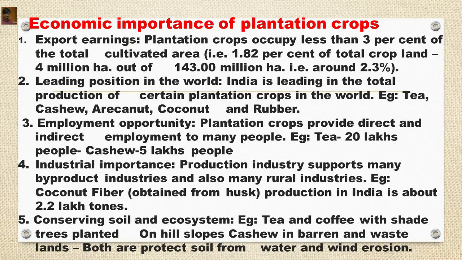Production in India is about 2.2 million tons. Covering soil and ecosystem: like tea and coffee with shade trees. When tea and coffee plantations are undertaken, side by side shade plants like Gravelia and other plants are also planted.